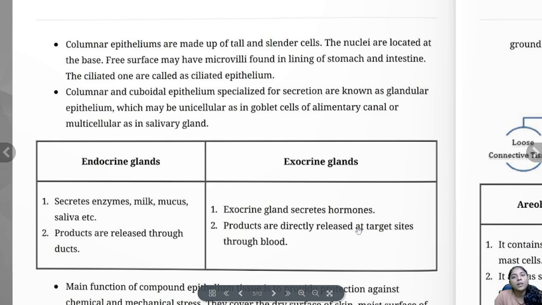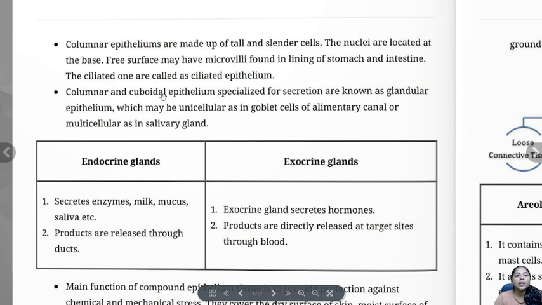So the columnar epithelium may have microvilli or hair-like structures on the surface, and these types of cells are tall and slender and are found in the lining of stomach and intestine. The ciliated ones are called ciliated epithelium. So those which have cilia or microvilli are called ciliated epithelium.